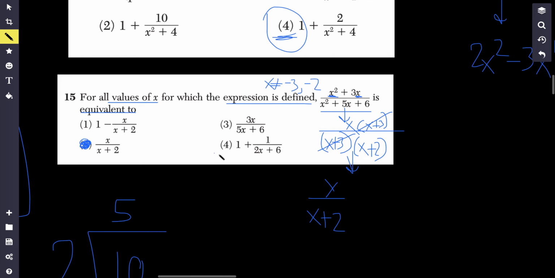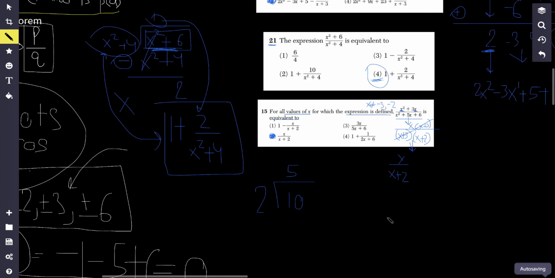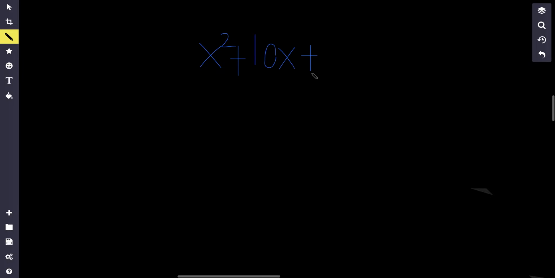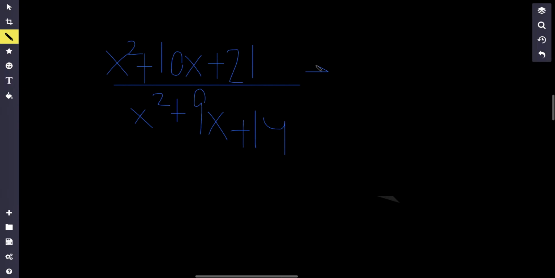Okay? So another thing for Unit 4 polynomial division is that if you know your factoring, then you should be good on this, but you have to know how to simplify expressions. So for example, if I have x squared plus 10x plus 21, and I divide this by x squared plus 9x plus 14, well, if I want to simplify this, I can factor both the numerator and the denominator.